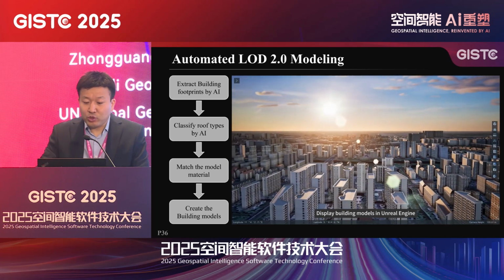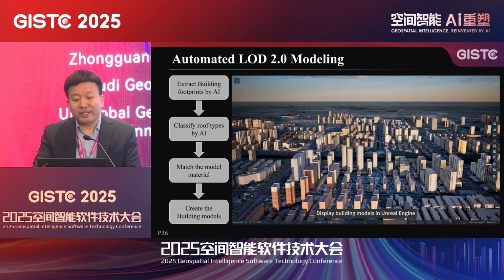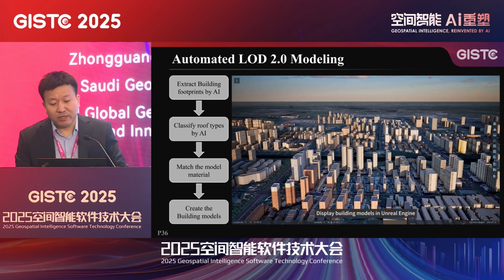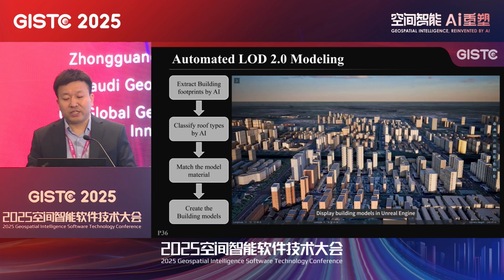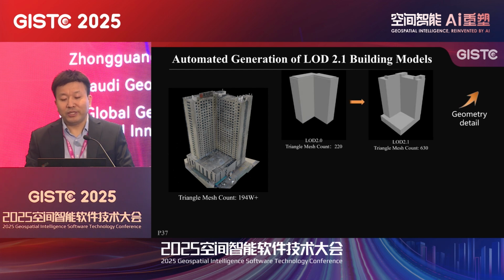Based on high-resolution remote sensing images and terrain data, it extracts the building footprint by AI, classifies roof types by AI, matches the model materials and creates the 3D building model to construct the spatial infrastructure foundation.